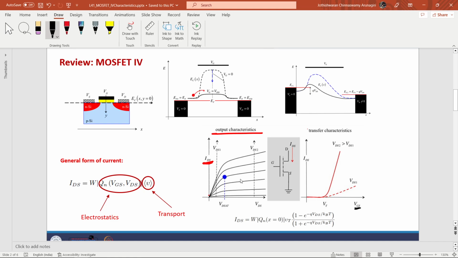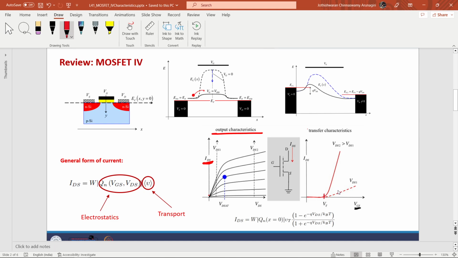Now, this concept of the threshold voltage, this point, is roughly the same for both VDS values. So one would assume that the threshold voltage is a device characteristic.